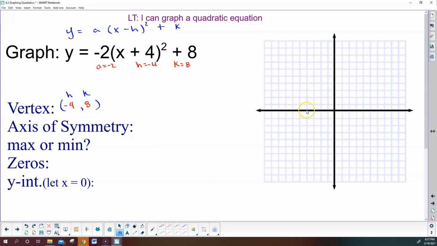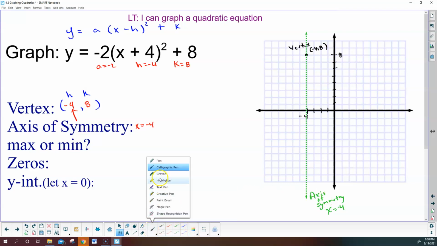So I'll graph that, and then I'm going to put the axis of symmetry, which, remember, is whatever h is. So I'll put my dotted line at negative 4. Okay, so I graphed my vertex over negative 4, up 8, and then I put the dotted line all the way down for the axis of symmetry at negative 4.